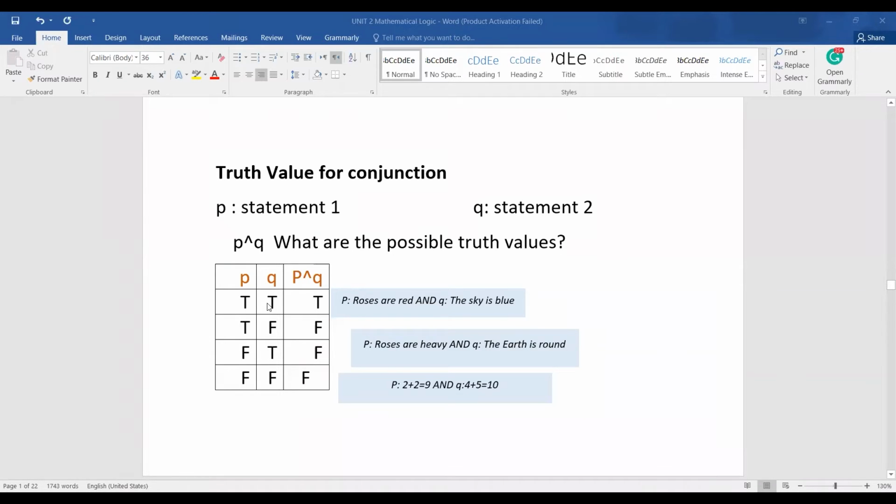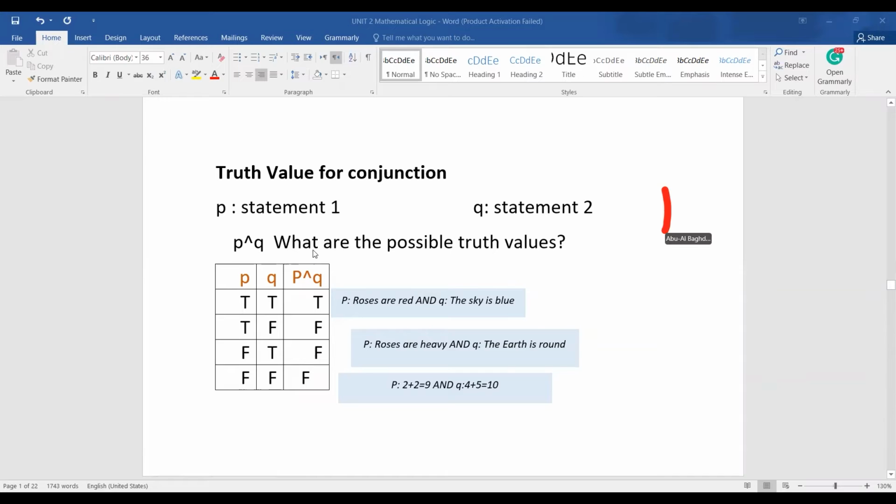Both P and Q could be true. One could be true, the other false. One could be false, the other true. Or both of them could be false. This we write by ourselves. It's simple, like how we used to do for probability.